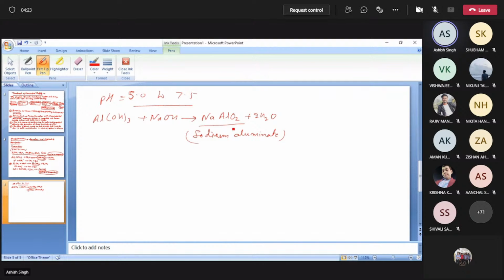Sodium aluminate formation is suspected to be a carcinogen. So that's why we do not use aluminum sulfate above or below this pH range.